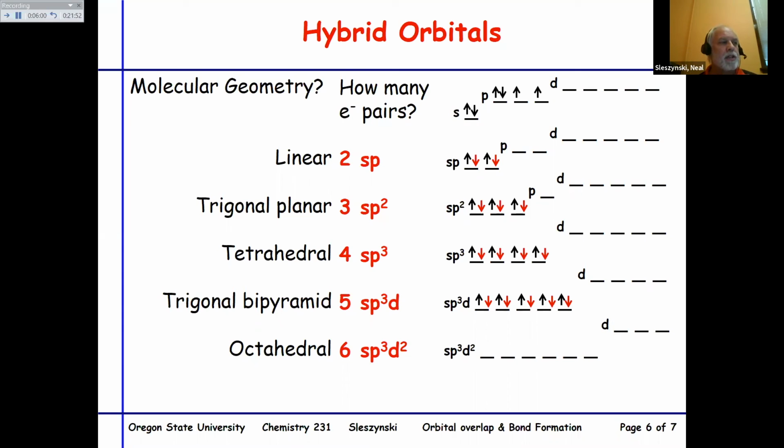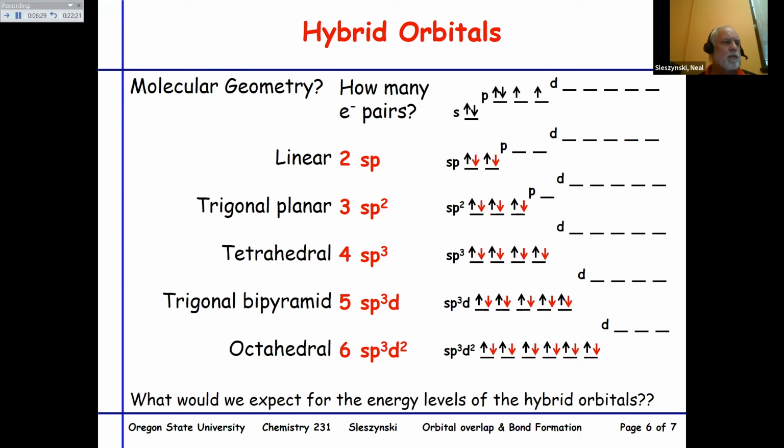My hybridization now is sp3d2. I'm going to distribute my six electrons that my central atom started out with into those six separate orbitals unpaired. And then I can go ahead and bring in an additional six electrons from other atoms, completely pairing up the six electrons that I started out with in my central atom.